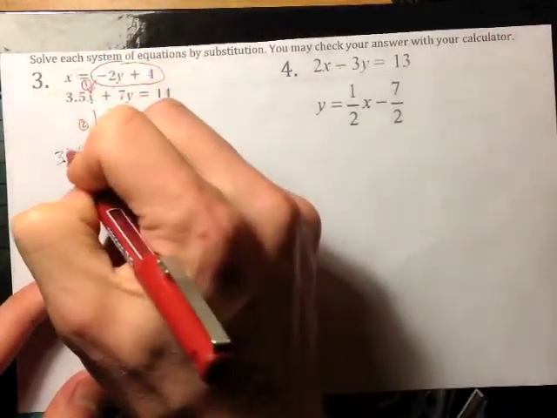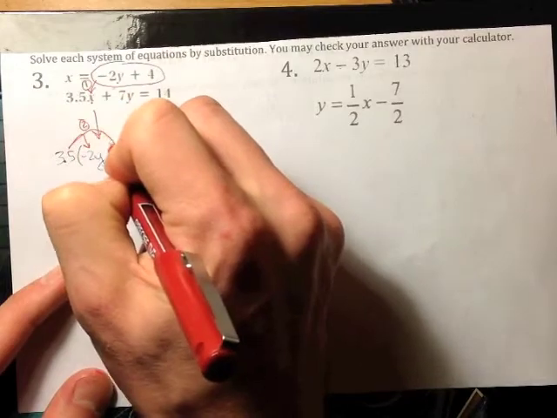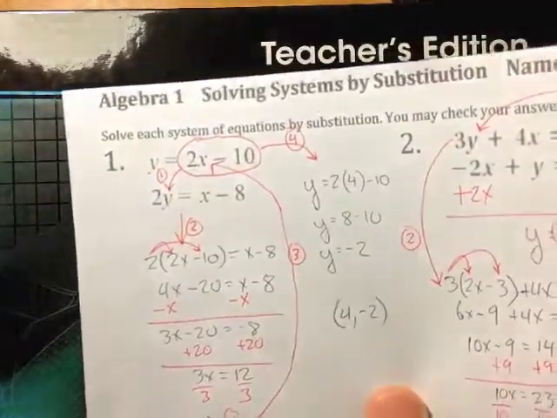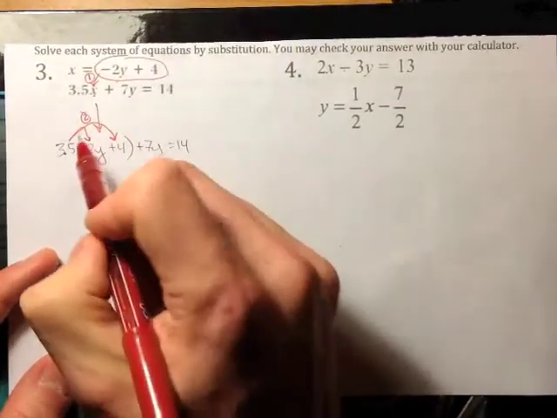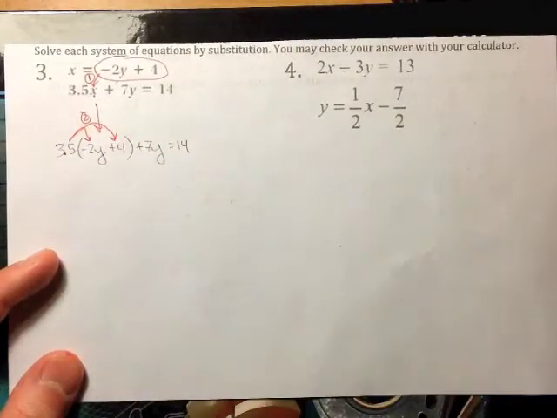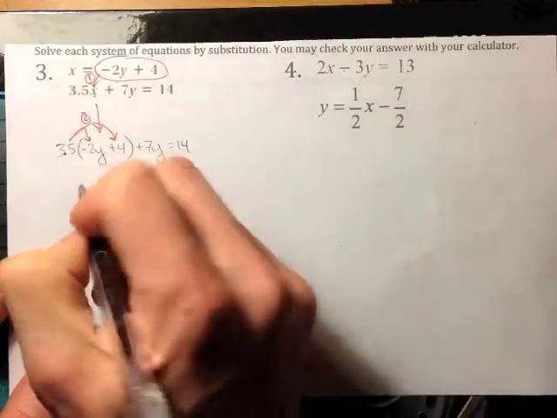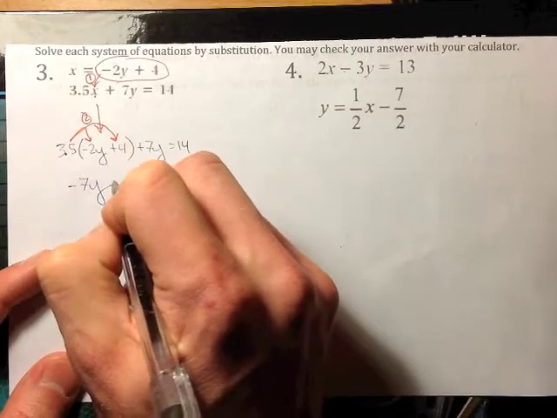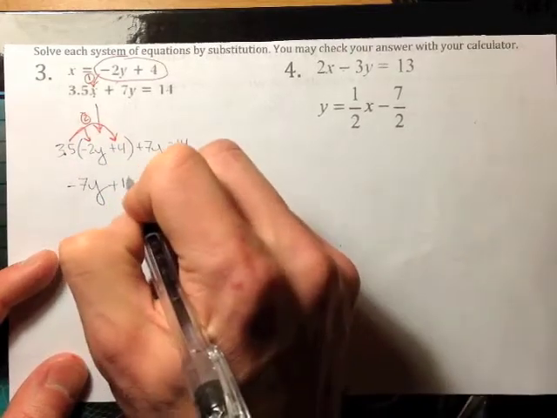Now here, I'm going to distribute the 3.5 into the parentheses. So 3.5 times negative 2y is negative 7y. 3.5 times 4 is 14.